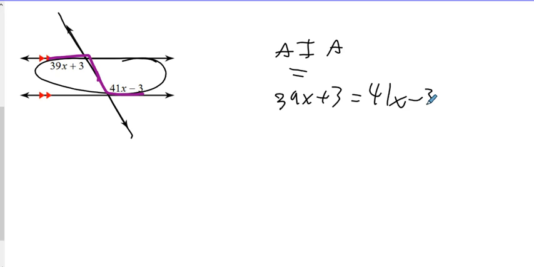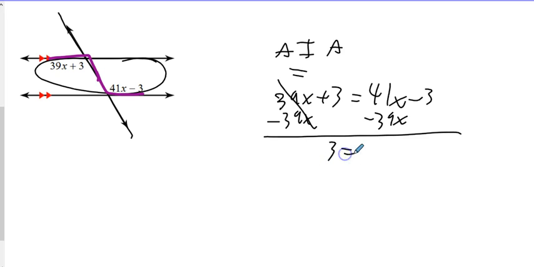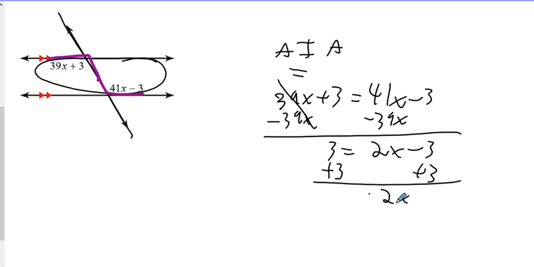I want to keep my x's positive, so I'm going to subtract the 39x. That'll leave me with 2x minus 3. If I move my letters to the right, I'm going to move my numbers to the left. So 2x equals 6, divide by 2, x equals 3.